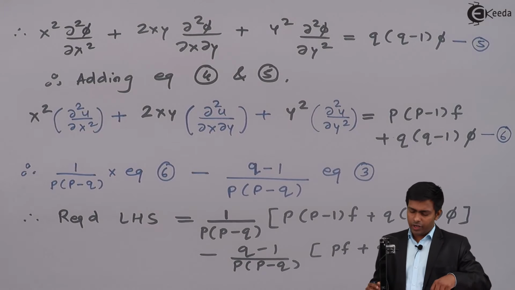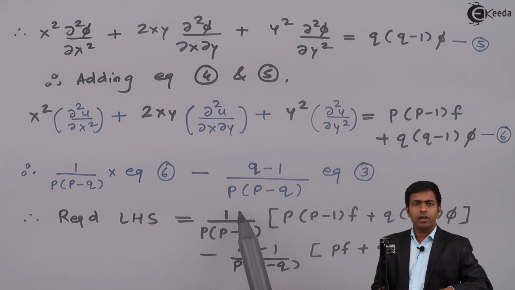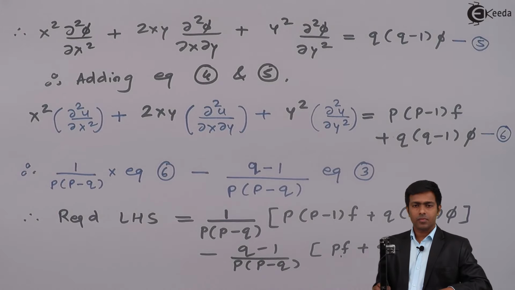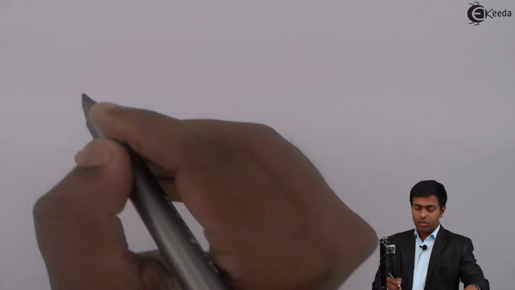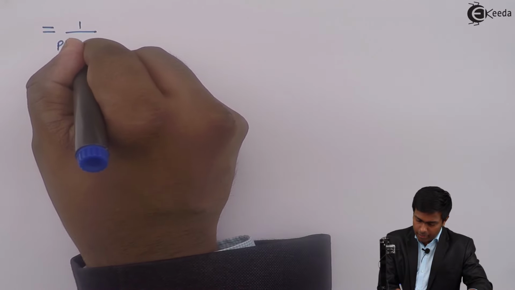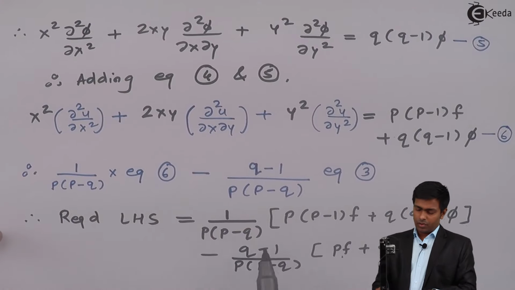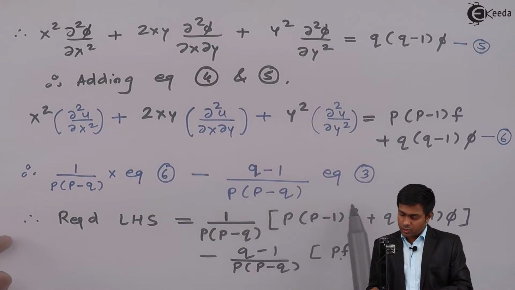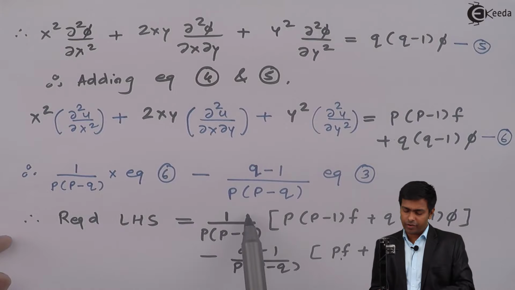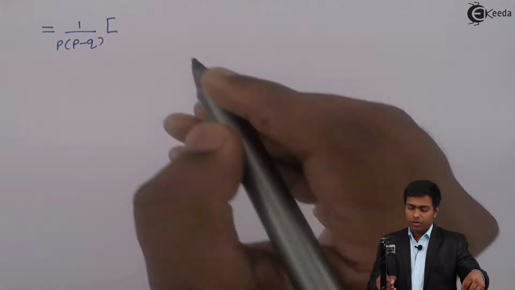So now we will take this 1 upon p into p minus q common from both these terms. So the right hand side will be 1 upon p into p minus q, that we are taking common. So inside bracket we will get this bracket as it is because we have taken this term as common. So I will just copy it down.